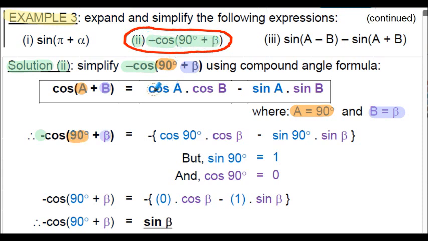So on the right hand side we have cos of a, that's cos of 90 degrees, multiplied by cos of b, that's cos of beta. Then we minus the sine of a, sine of 90 degrees, which is multiplied by the sine of b, sine of beta. If we now consider our trig waveforms, sine of 90 degrees has a ratio of 1.